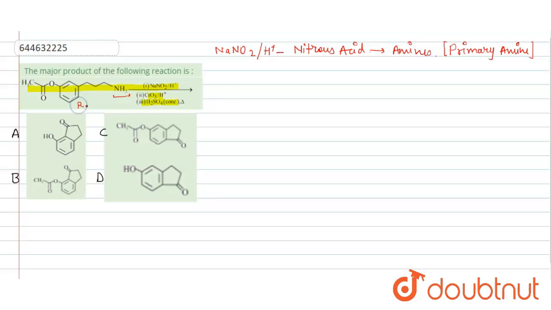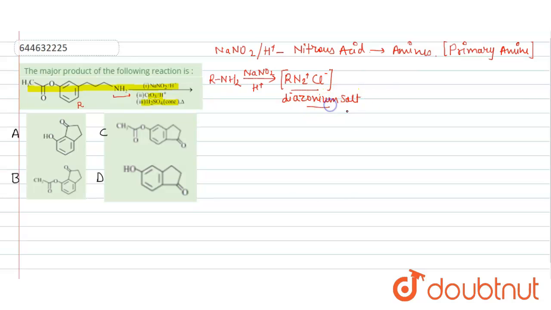So what will happen when nitrous acid reacts with a primary amine? Considering this whole group as R, the common reaction is that RNH2 reacted with nitrous acid, which is NaNO2 and H plus ions, gives RN2 plus Cl minus, or a diazonium salt.